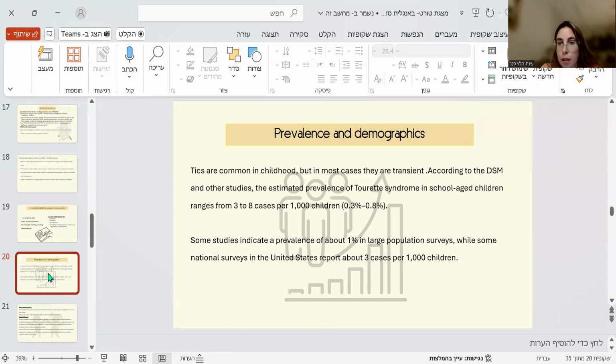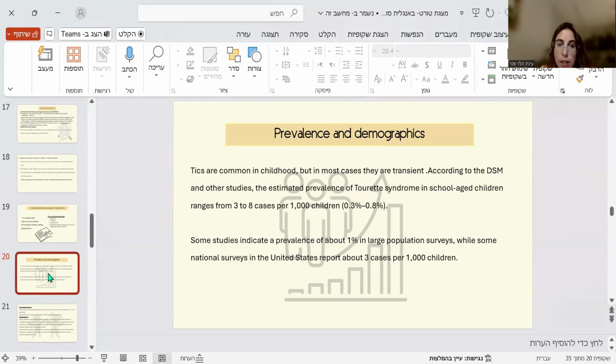Prevalence and demographics. Tics are common in childhood, but in most cases they are straightening out. According to DSM and other studies, they estimate the prevalence of Tourette syndrome in school-age children ranges from 3 to 8 cases per 1,000.